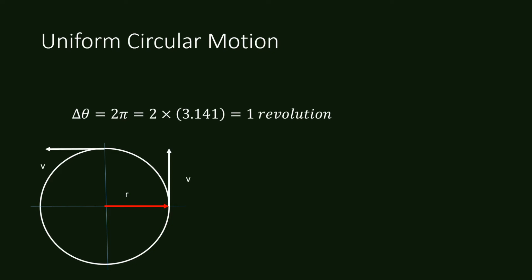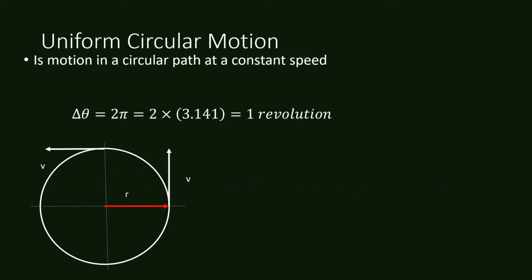In this case, we have angular velocity, which is delta theta, is equal to 2 pi. So one revolution of any circle is 2 pi, or it is 6.28 radians.